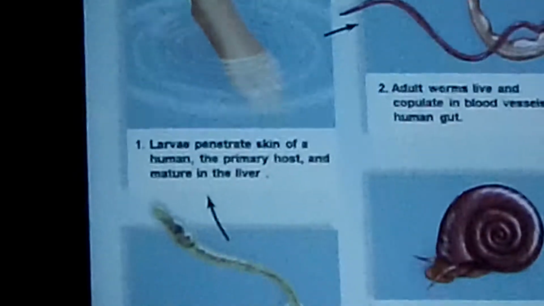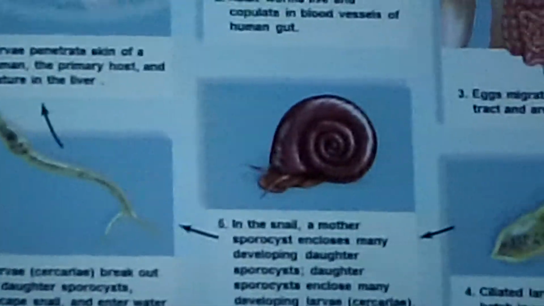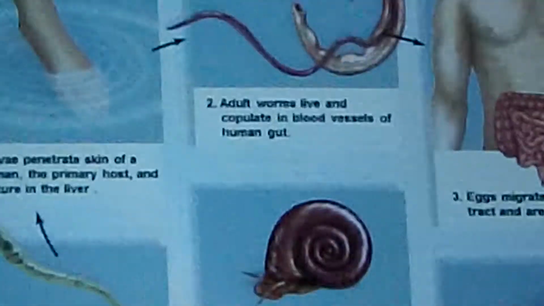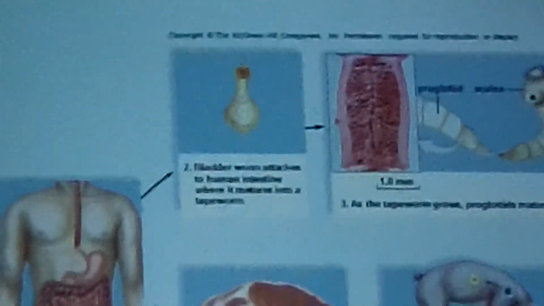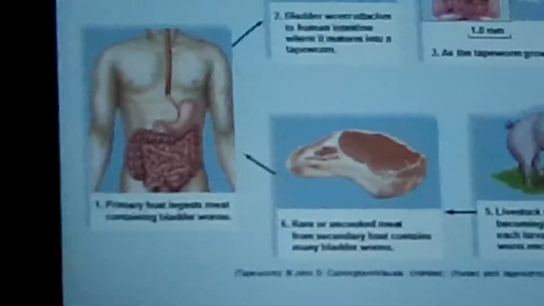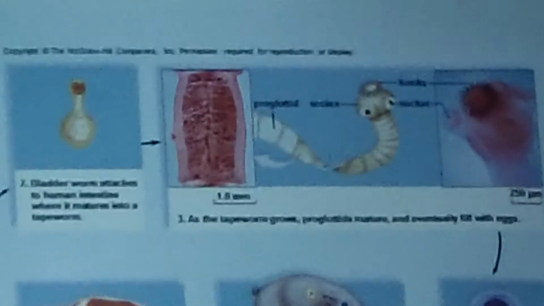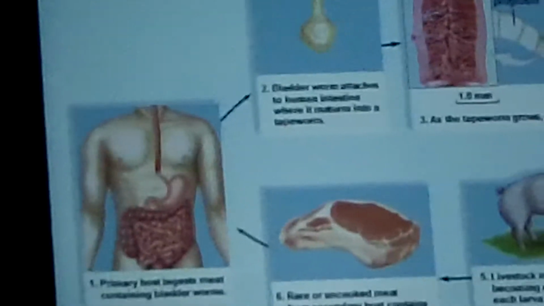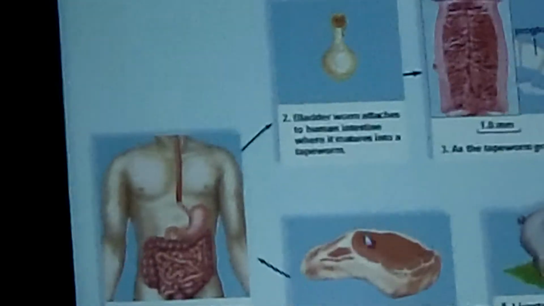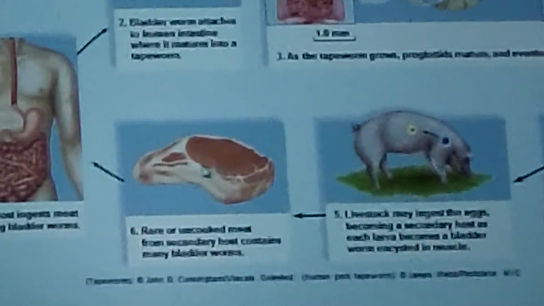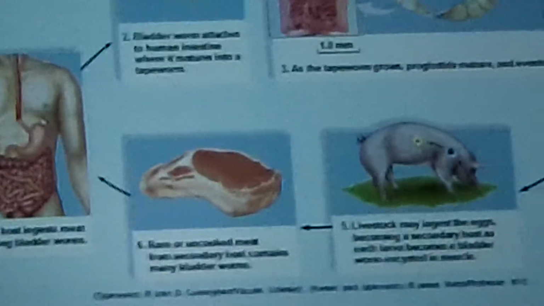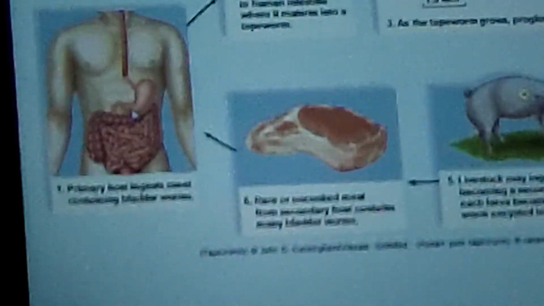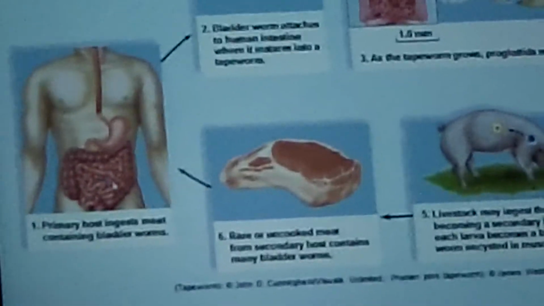This is a parasitic flatworm. And here's another you're probably more familiar with, a parasitic flatworm called a tapeworm. Let me just show you real quickly the tapeworm lifestyle. This might interest you. If you eat uncooked meat infected with tapeworms, you'll swallow it, and the tapeworm will embed in your intestine.